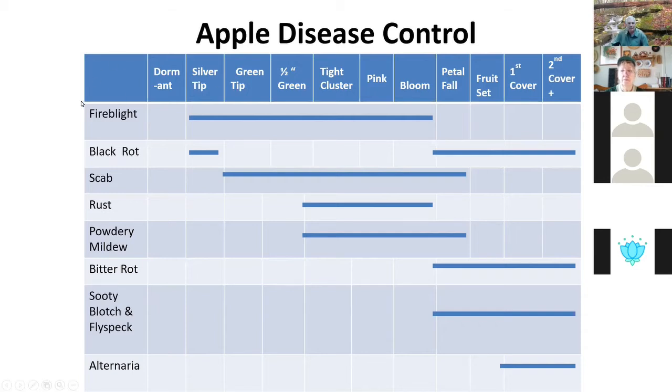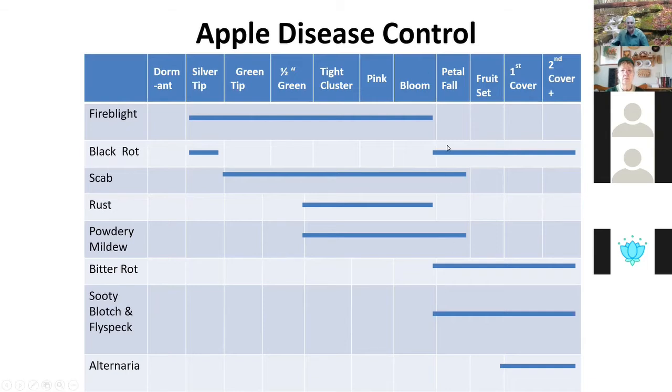Now, fire blight, I hope that you're trying to control it through cultivars that are resistant to fire blight, and you don't need to spray. Because controlling fire blight is a spray that's done during the bloom period on a 3 to 5 day interval with an antibiotic spray called streptomycin. These others, black rot, scab, those are all fungal diseases, rust, powdery mildew. Those applications should have already been put on those trees.